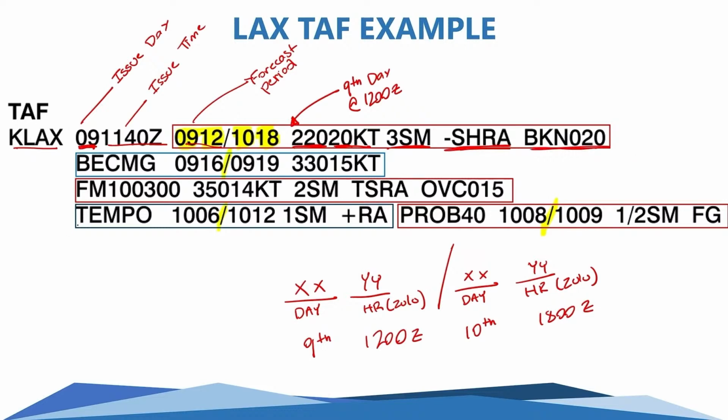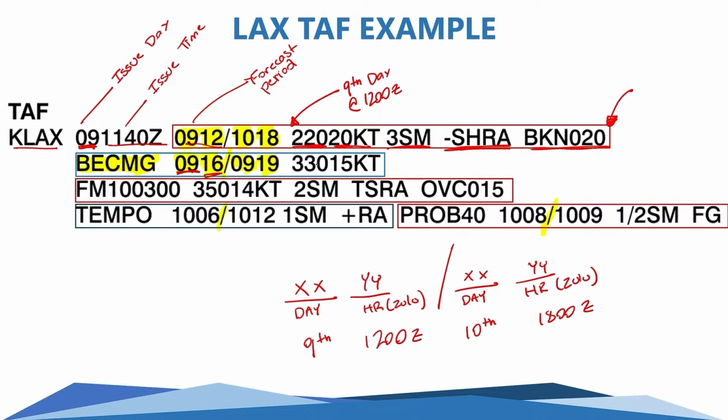So the new forecast period is then going to use basically this right here, which is becoming, okay? So becoming on the 9th day at 1600 through the 9th day at 1900, we're going to have the following conditions. So very simply, the very tail end of this one right here would be where this one picks up.